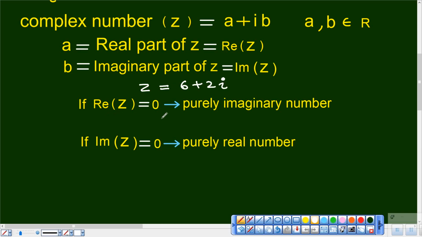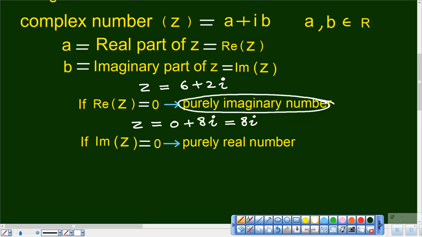If the real part is 0, let's say there is a complex number Z, which is 0 plus 8i, so its real part is 0, right? Basically, it is equal to 8i itself because 0 has no meaning here. That's why it is a purely imaginary number, because only something times I is surviving, the real part is not surviving.